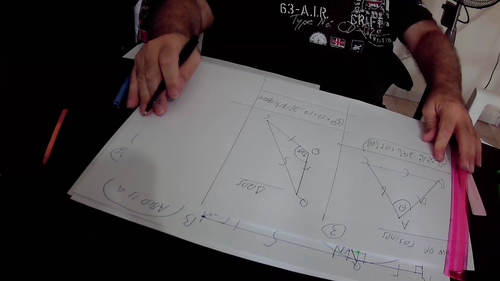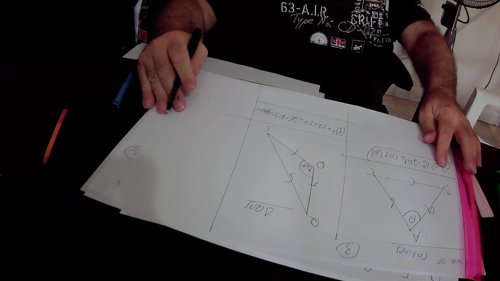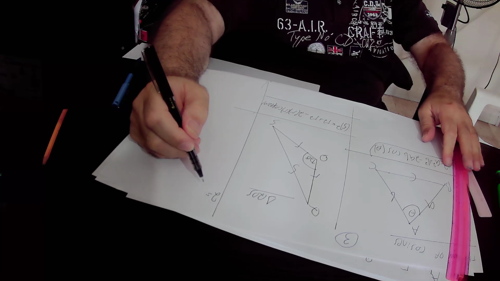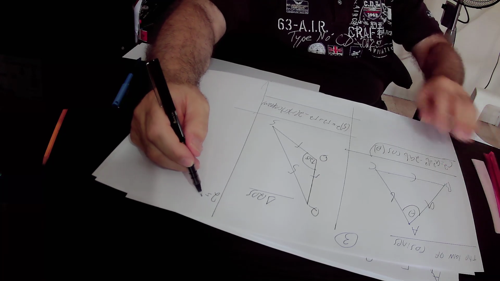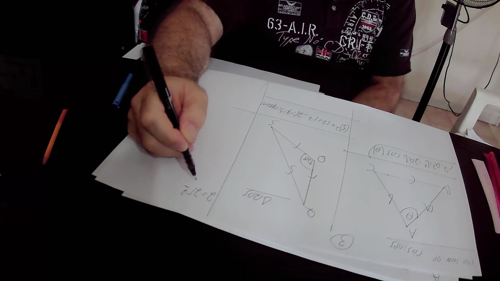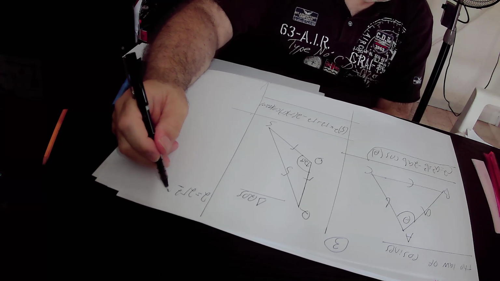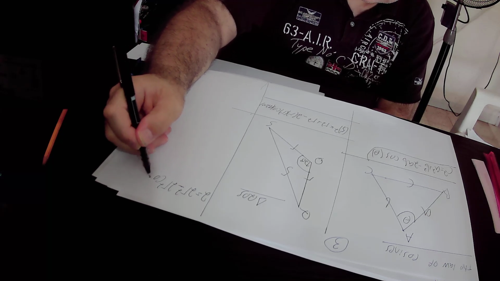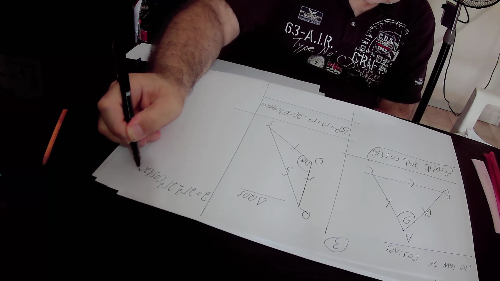Five squared is 25. That is equal to r squared plus r squared is 2r squared minus 2 times r times r is minus 2r squared times cosine 120 degrees.